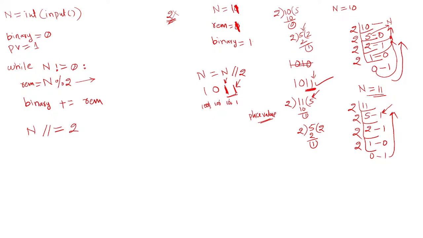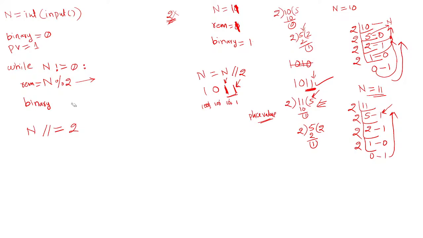While n not equals to 0, n value initially is 11. 11 not equals to 0, yes. Remainder 11 mod 2, you are getting 1 here. This first units digit 1 you are getting. When you get this 1, you should add it to the units place. That means this statement you should remove now.